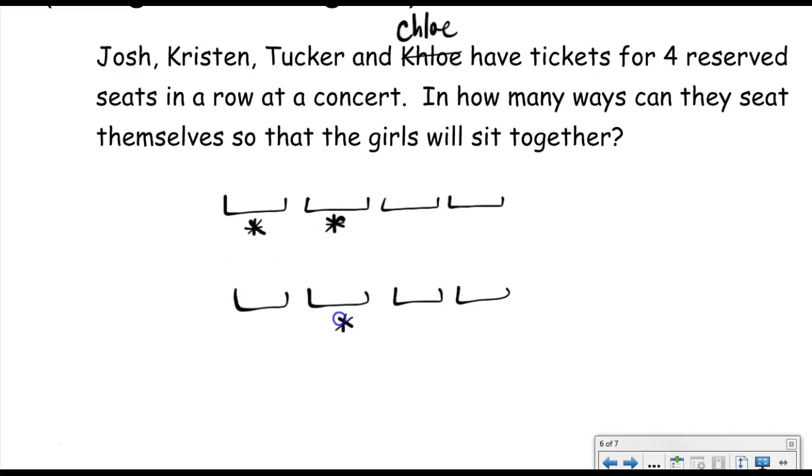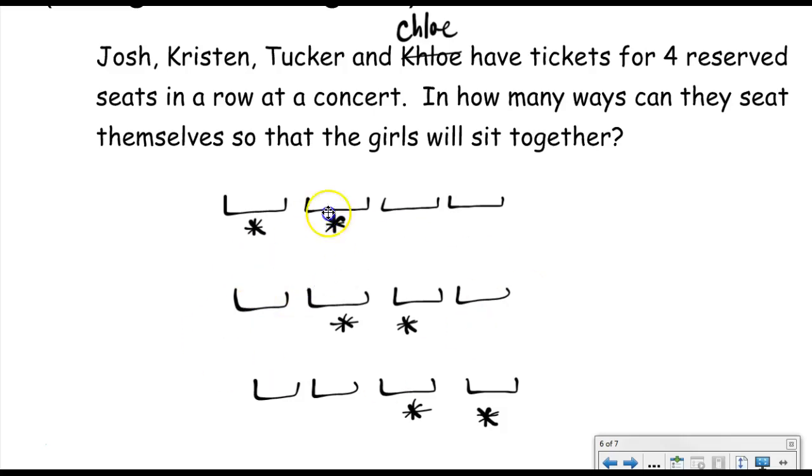They could sit here, or they could sit here. Okay? So no matter what, the girls have to sit together. So I have 2 girls that can go here, right? So that makes 1 girl here.